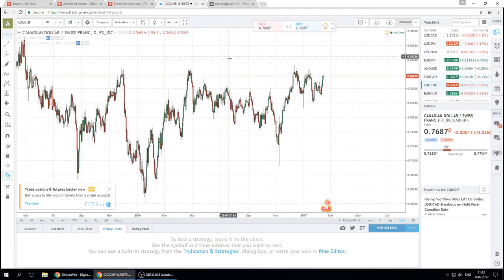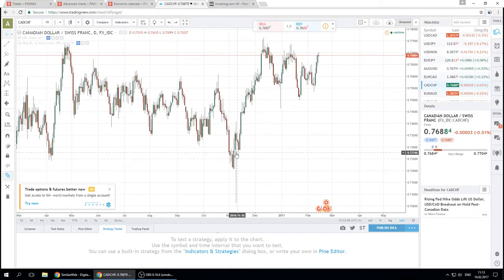What we have on the Canadian dollar to CHF: the prices were moving down because each low price is a bit lower than the previous one. And after that, we see the change of direction.